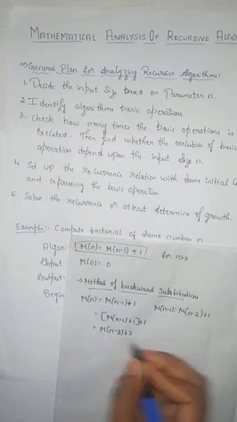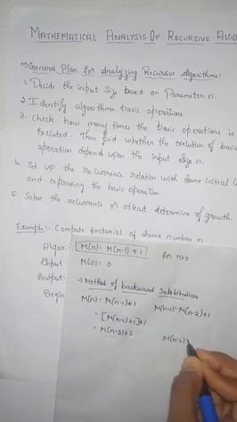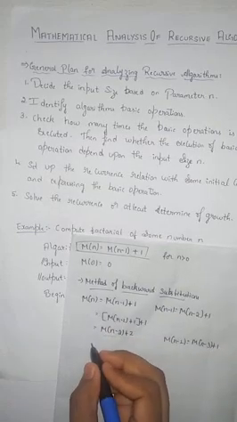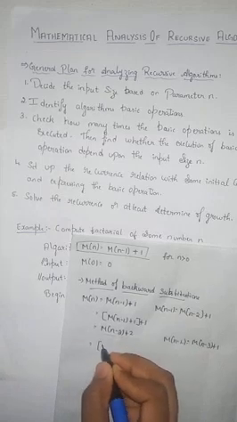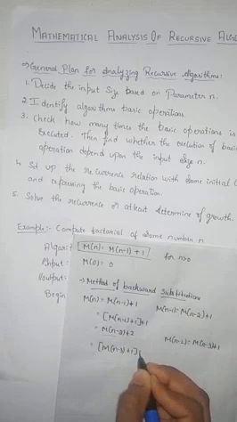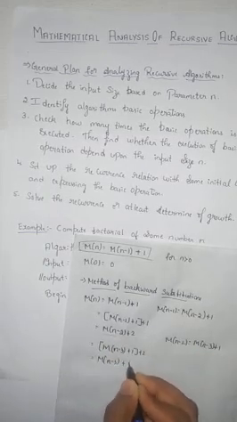Once again, for m of n minus 2, we substitute m of n minus 3 plus 1. Then it will become m of n minus 3 plus 1 plus 2, so it will be m of n minus 3 plus 3.